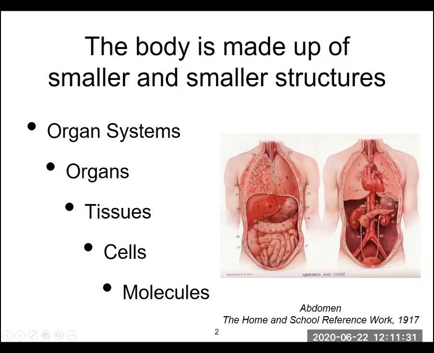Damage to any of these could result in deficits in the body not working properly, and can contribute to a disease state. So what we want to do is try to repair whatever is broken in a way in which we can treat the disease.